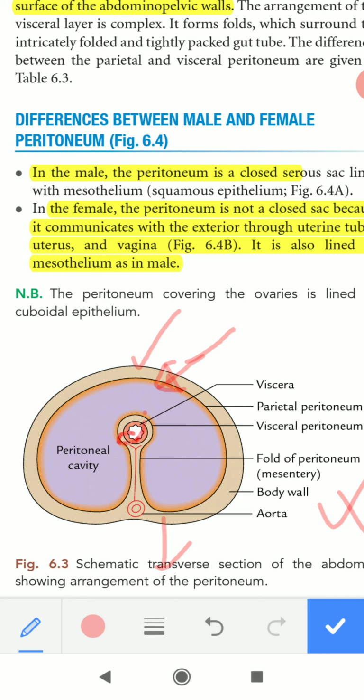Surrounding the viscera there is another layer, known as the visceral peritoneum. Between the parietal peritoneum and visceral peritoneum, this area is the peritoneal cavity.